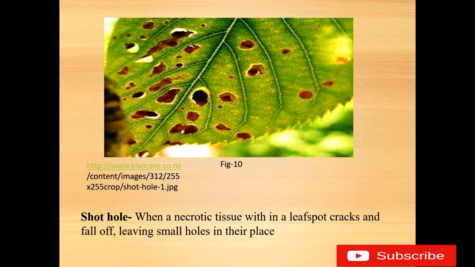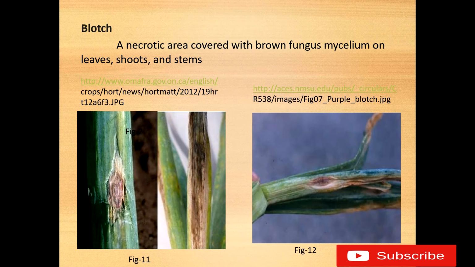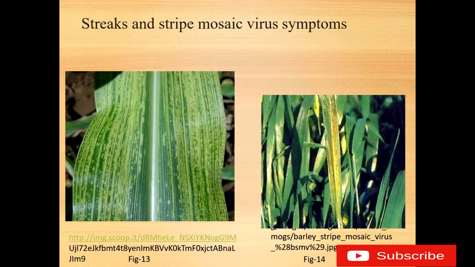The necrotic tissues wither off from the leaves and cause holes. And blotch. So what do you mean by blotch? It is a necrotic area covered with brown fungus mycelium on leaves, shoots or stems, which you can also see on our coconut leaves. These patches are known as blotches.